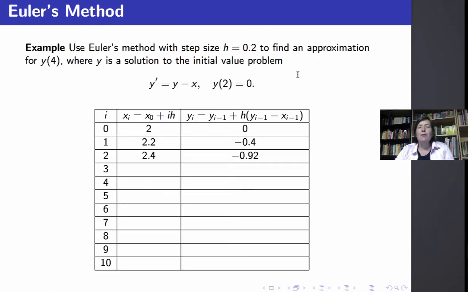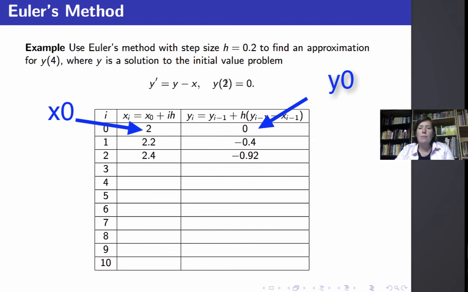So if I want to use Euler's method with step size h equals 0.2 to find an approximation for y of 4, where y is the solution to the initial value problem y prime equals y minus x, where y of 2 equals 0.